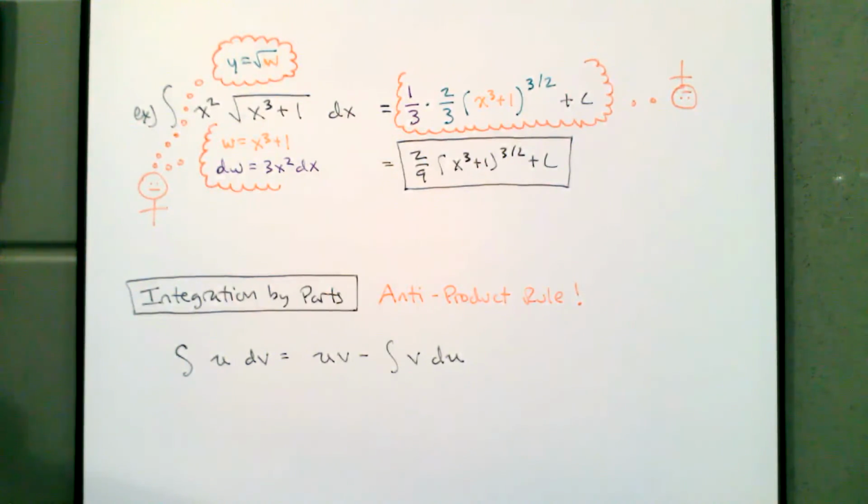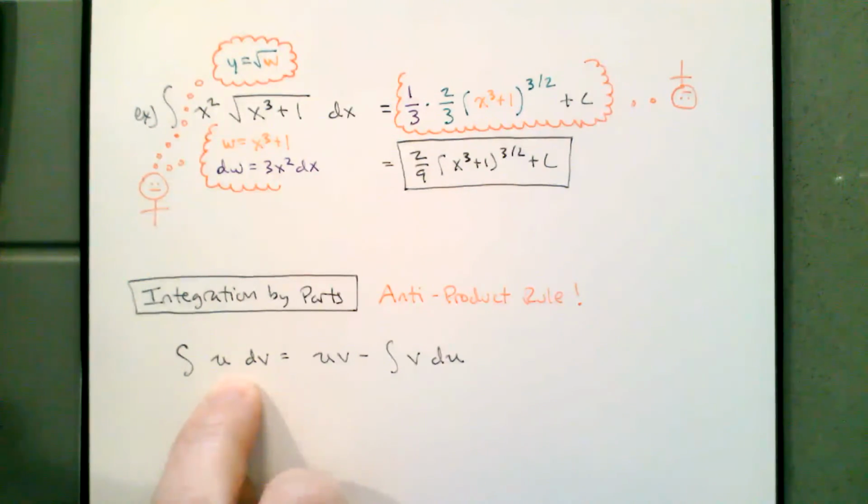There's two parts that you're given. The given parts are u and dv. The parts that you have to find are du and v. So over here in the u dv, these are the given parts.